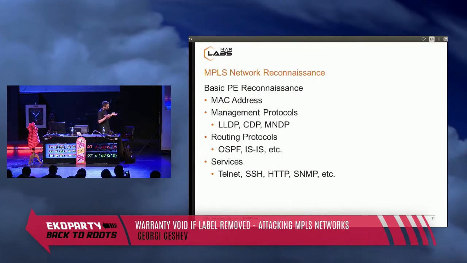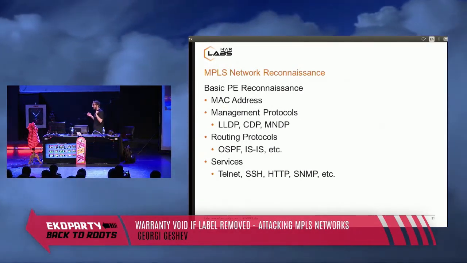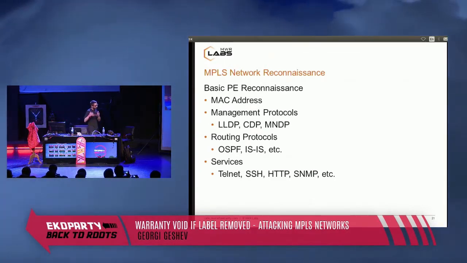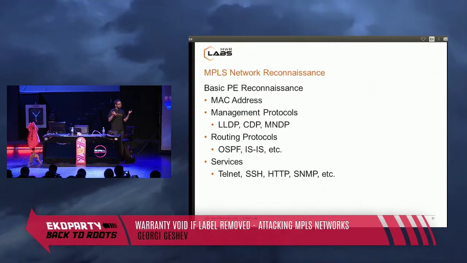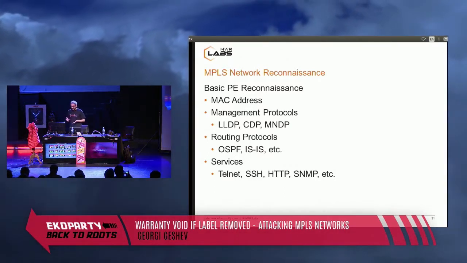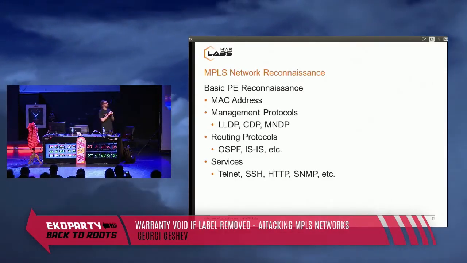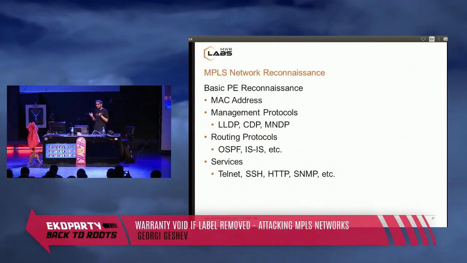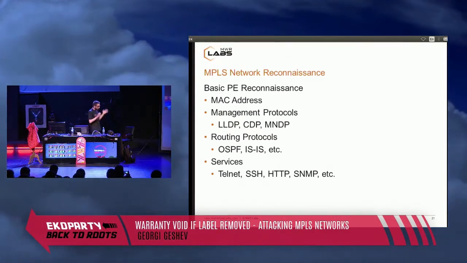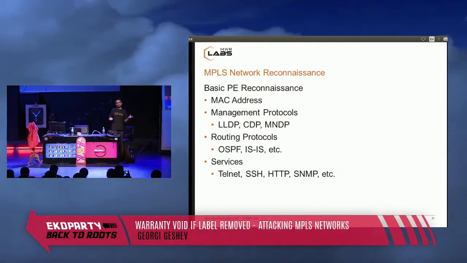From this perspective, a client can do some really basic reconnaissance and check the MAC address of the device on the other side of the link and derive the vendor from this MAC address. A customer, an attacker in this case, can check for the presence of link layer discovery protocol frames, CDP frames, or MNDP frames.